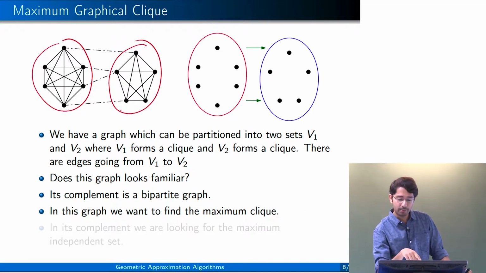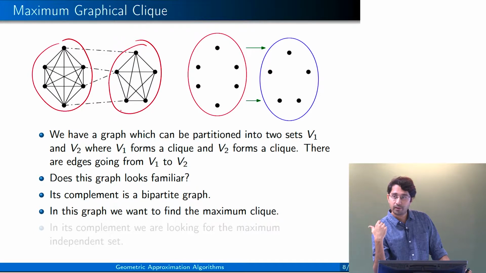We started with the complement of a bipartite graph, now we move to the bipartite graph. There we were looking for the maximum clique, here we are looking for a maximum independent set. But maximum independent set is usually NP hard, and it is notoriously NP hard, even finding some approximation is very difficult.